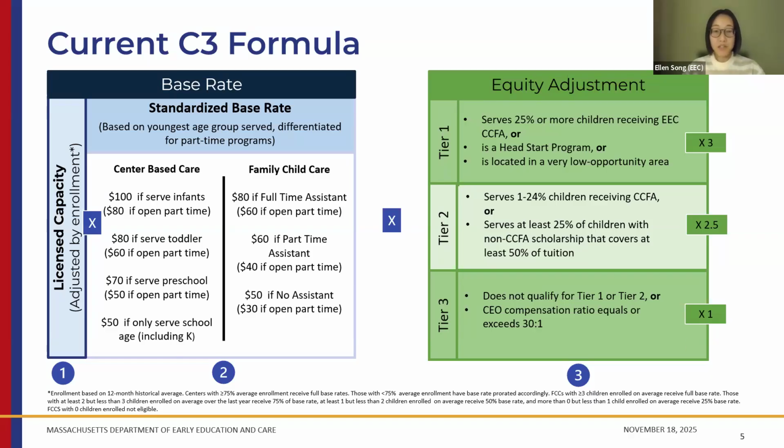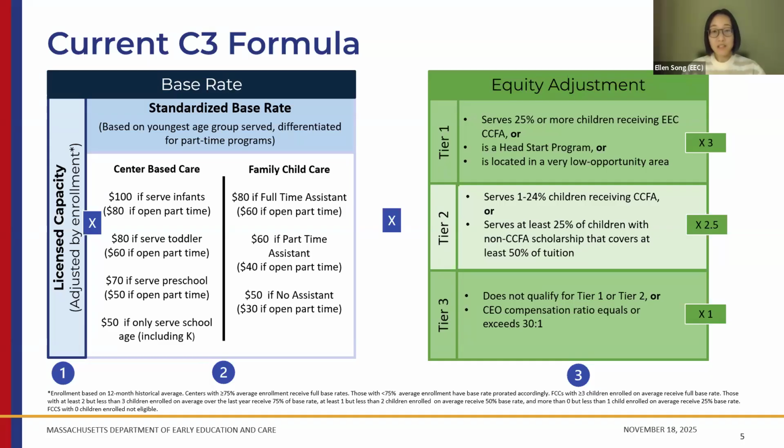Further, the base rate is multiplied by an equity adjustment. The equity adjustment is divided into 3 different tiers, each having their own multiplier. For example, for a program to qualify for Tier 1, there are 3 different criteria. The first being if they serve 25% or more of children receiving EEC Child Care Financial Assistance or CCFA.